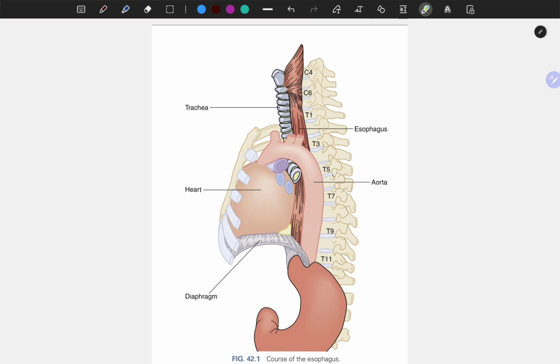The cricopharyngeus muscle at the level of C6 is the narrowest point of the gastrointestinal tract and marks the superiormost portion of the hourglass-shaped esophagus, the upper esophageal sphincter. Then, just below the carina, the left mainstem bronchus at the level of the T4 vertebra and the aorta abut the esophagus.